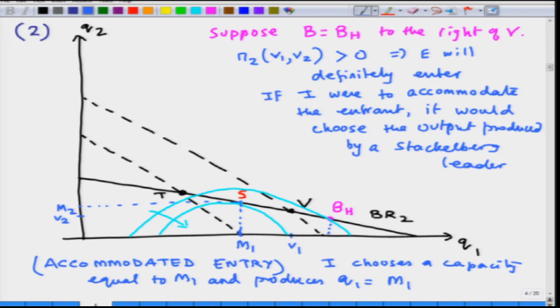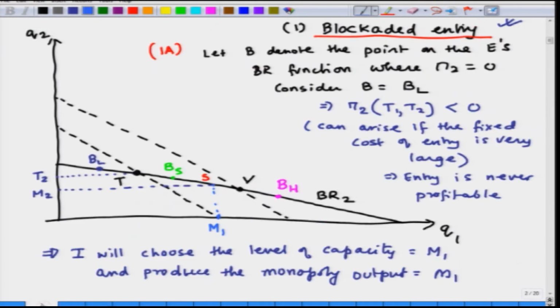So, if we just quickly recap the cases that we have talked about, we have looked at cases where the B is at either BL or at BS, in which case the incumbent does not have to try too hard to deter entry. Entry anyway would not occur. In one case, the fixed cost is so high that entry is blockaded.